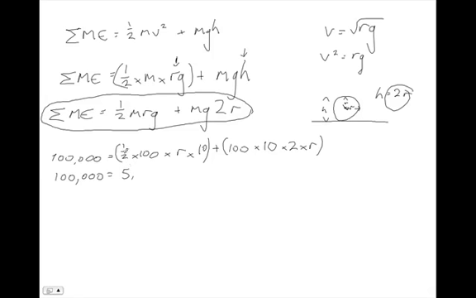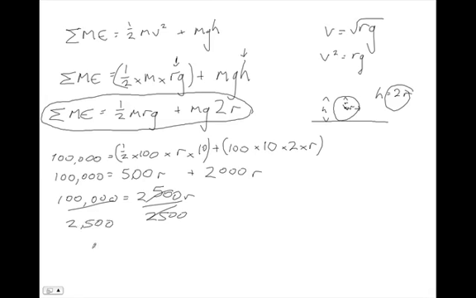So 100,000 equals a half times 100 is 50, 50 times 10 is 500, r, plus 100 times 10 is 1,000, times 2 is 2,000 r. So 100,000 equals 2,500 r. We divide both sides by 2,500 and we have r equals 40 meters.